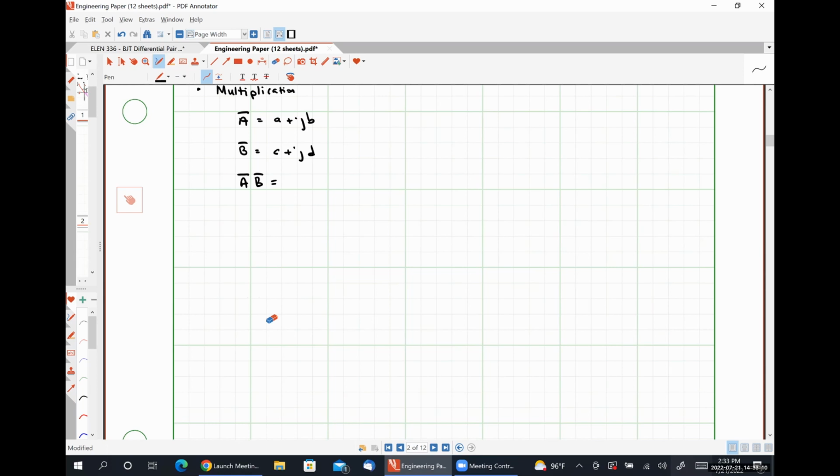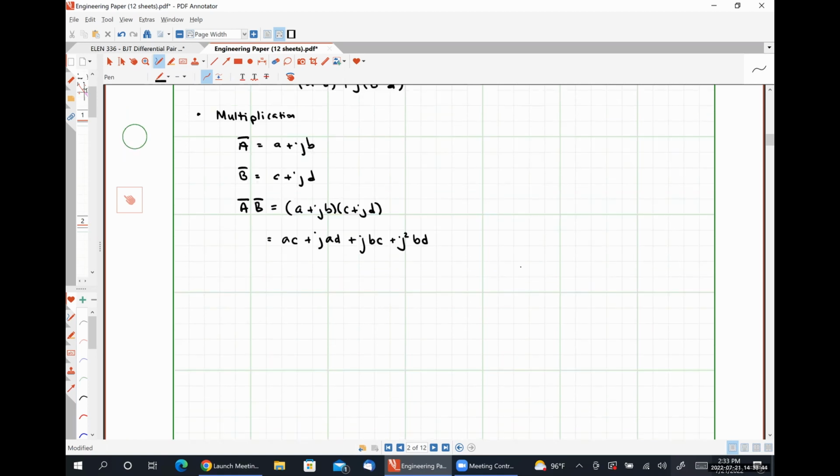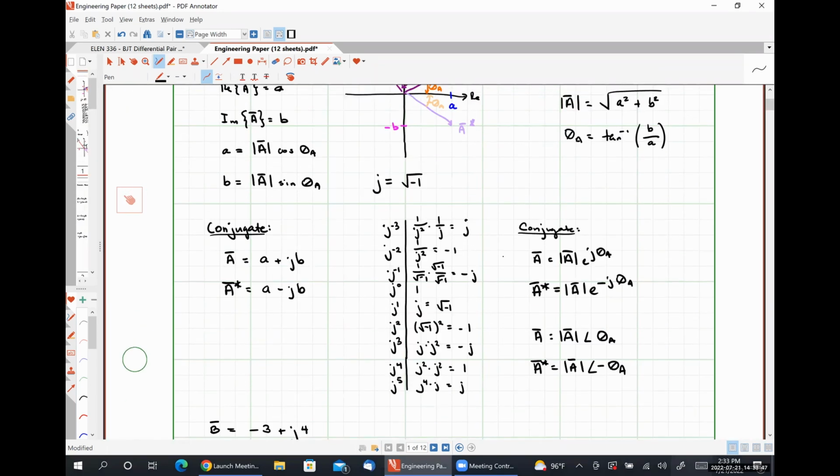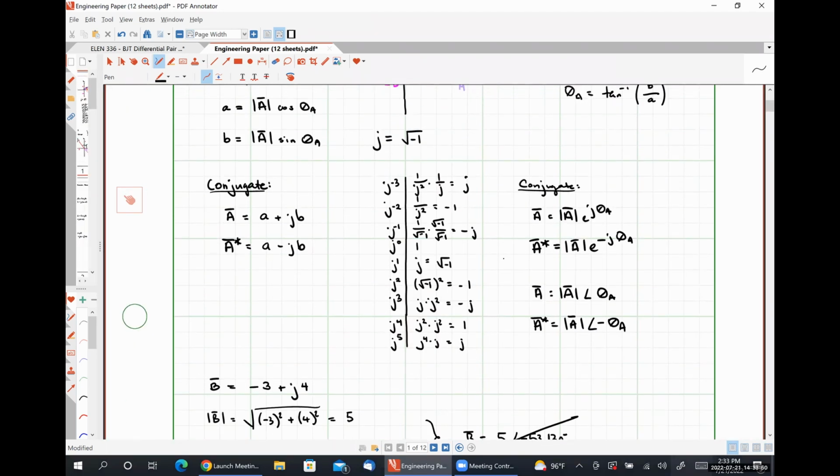So if I'm multiplying A times B, this is going to look like A plus JB times C plus JD. And now I'm going to just simply FOIL this out. So I'm going to have A times C plus J A times D, plus J B times C, plus J squared B times D. Now, if we scroll up here and we look at our table, J squared is actually just -1.